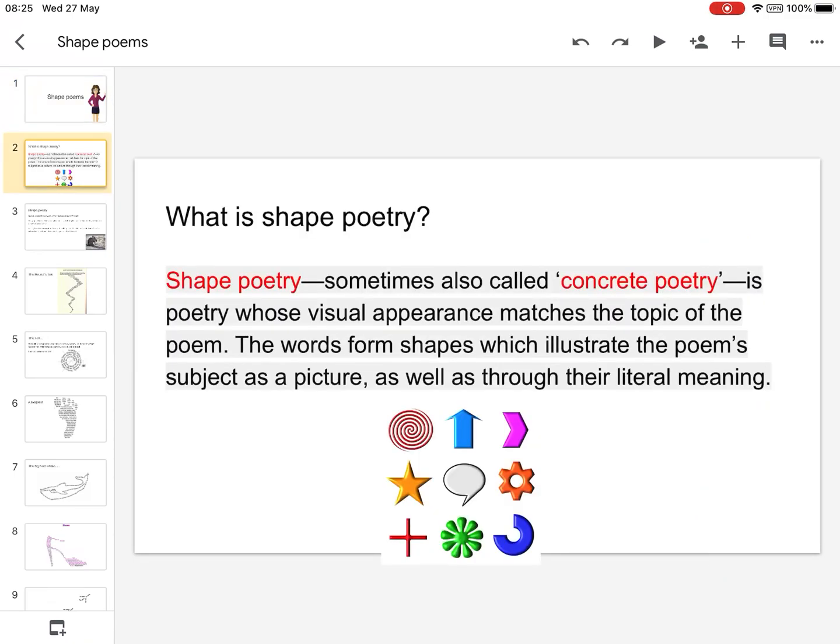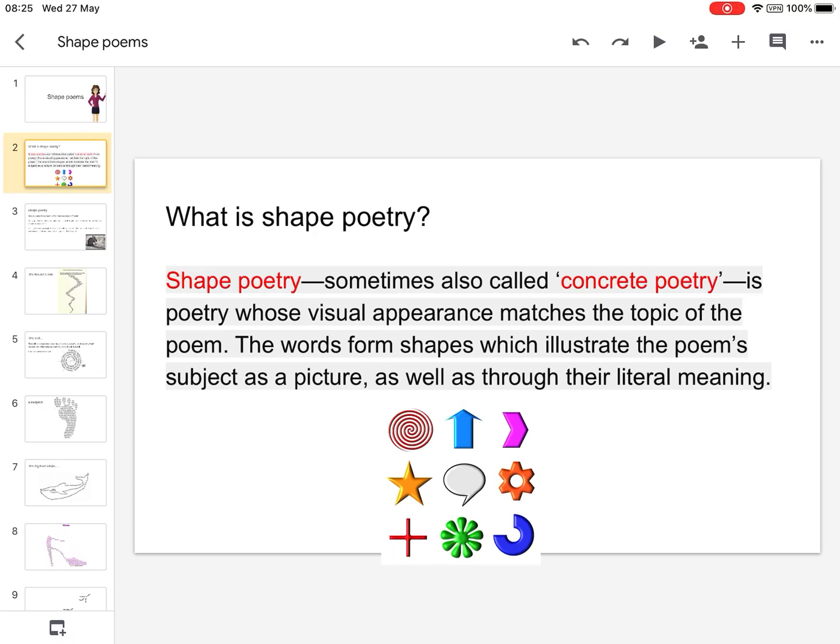What is shape poetry? Well, sometimes it's also called concrete poetry, and it's poetry whose visual appearance matches the topic of the poem. The words form shapes which illustrate the poem's subject as a picture, as well as through their literal meaning.